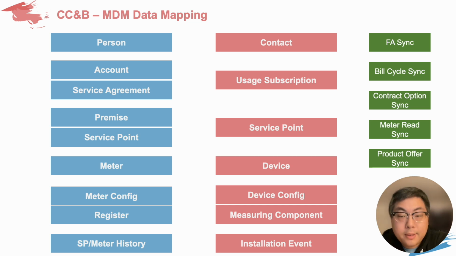Now on the right hand side, there are a few green boxes. These ones are quite new actually. When I worked on C2M projects before, I didn't see them. It's good to have a look at them and see what they do. I leave you to examine if they are helpful for your project.